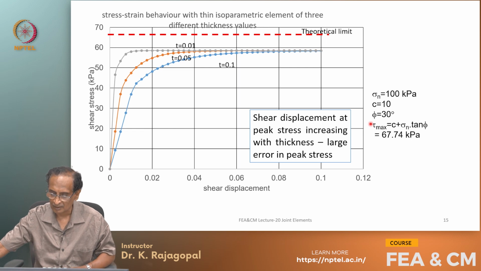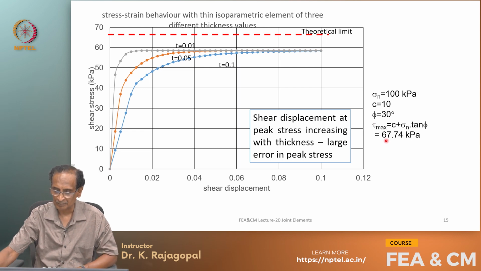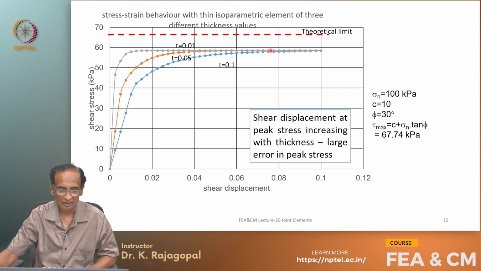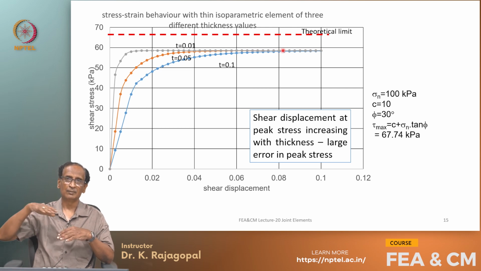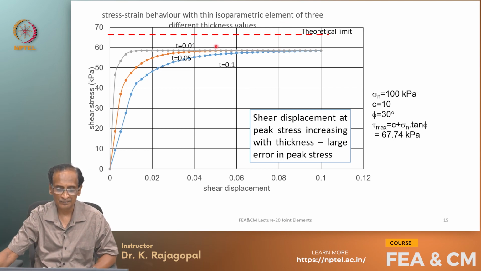So, here our theoretical limit is 67.74, but the finite element predicted one is less than 60, about 57 or something. So, there is a huge difference. As a percentage, it is about 15% difference between the theoretical limit and the finite element limit that is predicted.